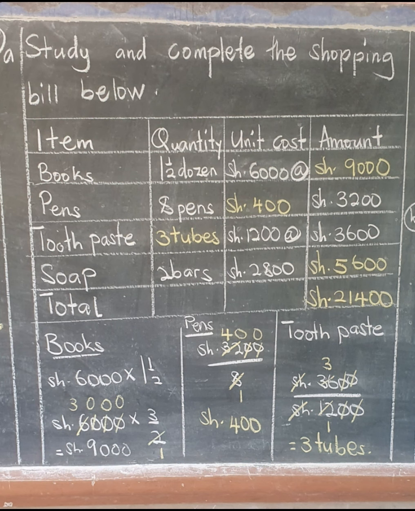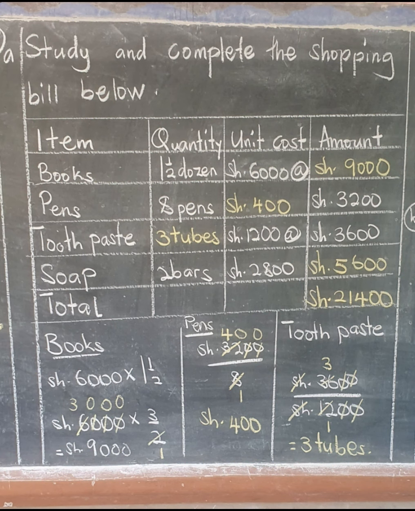Then we come to the toothpaste, whereby they did not give us the quantity, but they provided us with the unit cost and amount. Therefore, in finding quantity, we shall say amount divided by unit cost, whereby the amount is 3,600 shillings divided by 1,200 shillings. Don't forget to put the units.